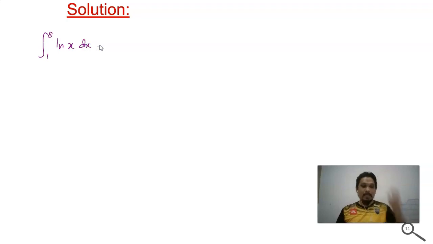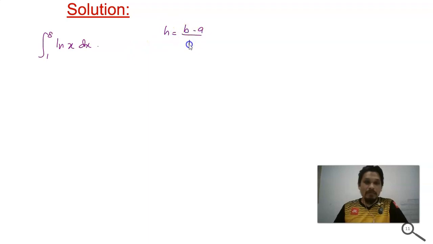So from here, h equal to b minus a divided by n, where b equal to 8 and a equal to 1, and divided by, according to the question, trapezoidal with 4 ordinates. With 4 ordinates, let's say this is a box. So ordinate 1, 2, oh no, sorry.